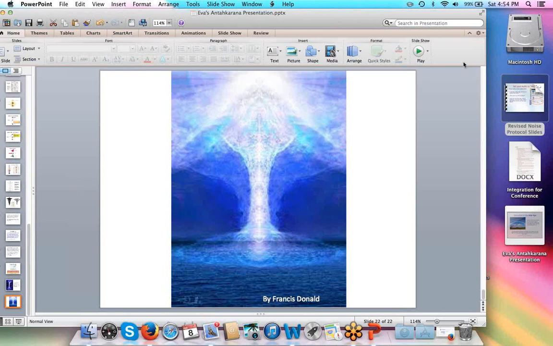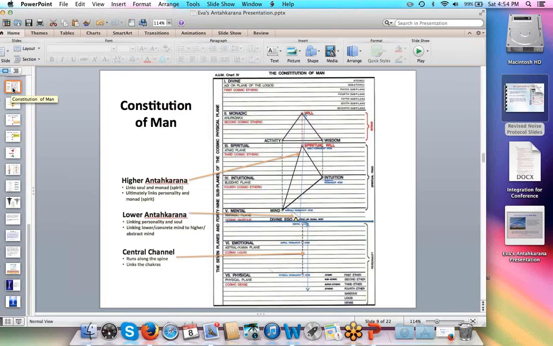Another way of looking at it is that if we remember that line that Eva had on one of her charts between the fourth subplane and the fifth subplane of the mental plane, that represents a break in consciousness. It's not just a break in consciousness for us as individuals, but for all humanity. So as we bridge and build our Antahkarana, it's like we are opening up those higher realms for all of humanity.